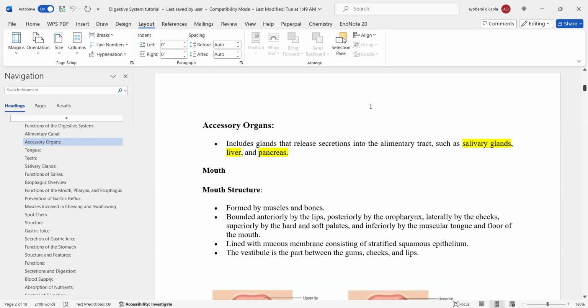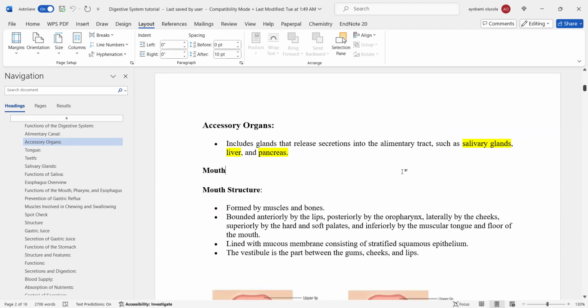Posteriorly, at the back, we have the oropharynx. By the sides, laterally, that's what laterally means, it means by the side, we have the cheeks. By now, I expect that you are familiar with these anatomical terms. Then at the top, we have the hard and soft palate.